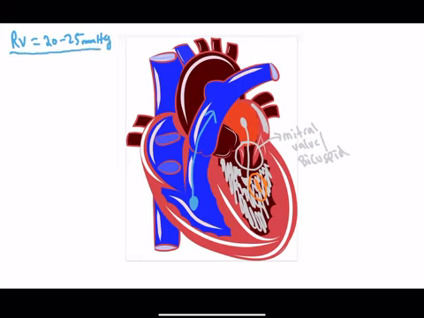And remember, the right ventricle just has to generate enough force to pump that deoxygenated blood near the lungs so that it can get oxygenated. All right, and the heart and lungs are really close to each other, right? So that's why the right ventricle only has to pump at about 20 to 25 millimeters of mercury of pressure in order to get that deoxygenated blood to the lungs.